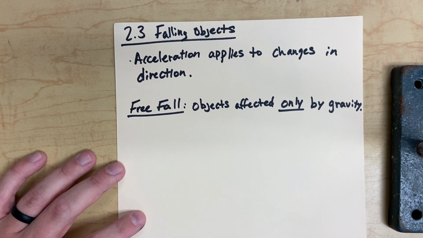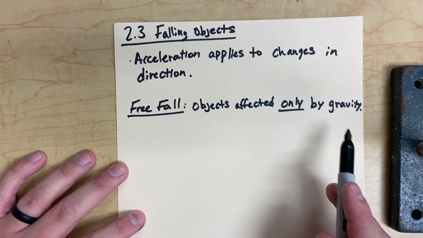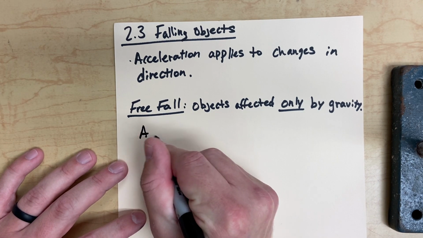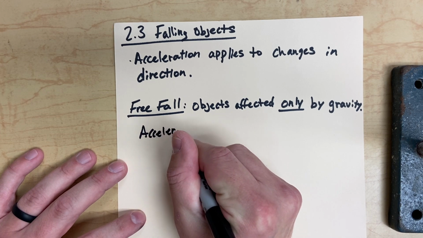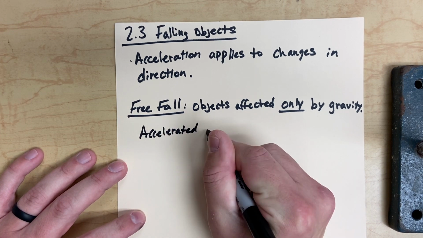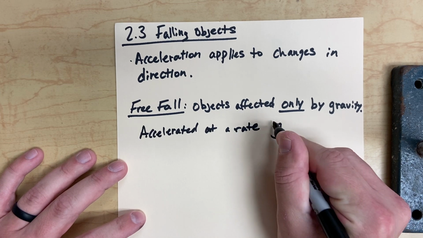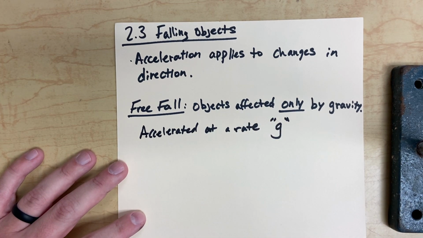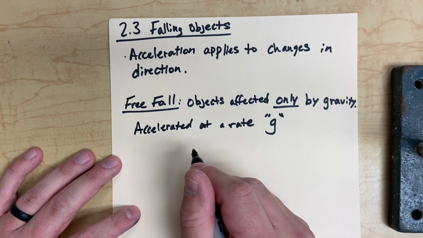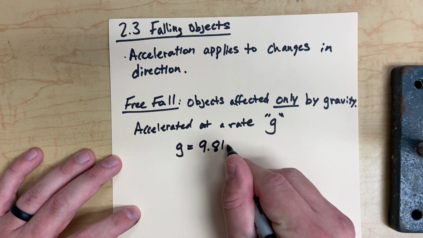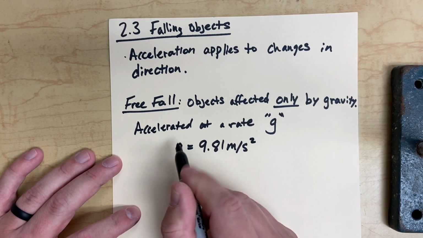So, when they're only being affected by gravity, they're accelerated at a rate that we call g. If you remember 9th grade science, g is equal to 9.81 meters per second squared.